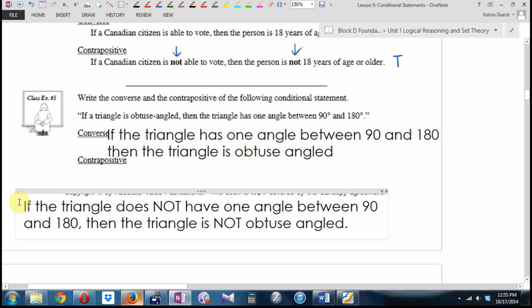This is the contrapositive. Is this contrapositive true? If a triangle doesn't have one angle between 90 and 180, then that's not called an obtuse angled triangle. Is that true? True.